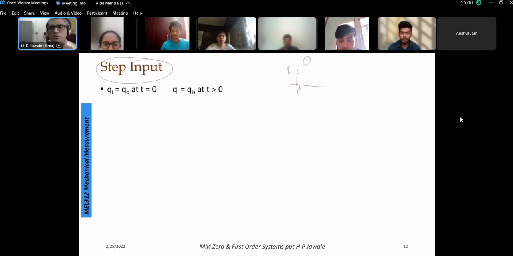So for a step input, if I have this Ti over time, at the instant of 0 time it will have 0 input, and at a very small possible time I am going to apply the input to this.